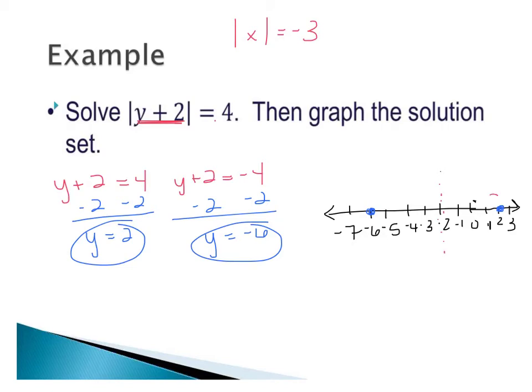And so this would be 1, 2, 3, 4 there, and 1, 2, 3, 4 there. There's an equation that you're going to need to know, and it's the absolute value of x minus the midpoint equals the distance from the midpoint.